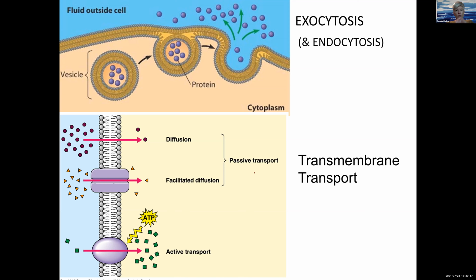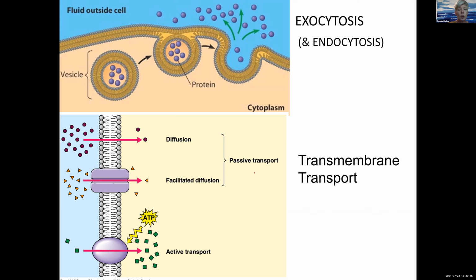And if that vesicle moves to the surface of the cell membrane, because of the fluid property of the cell membrane, that means all those little phospholipid molecules can move a little bit with respect to one another, right? As it gets to the surface, it's going to merge with the cell membrane and become part of it. And once that happens, the stuff that was inside of it is going to be on the outside of it.